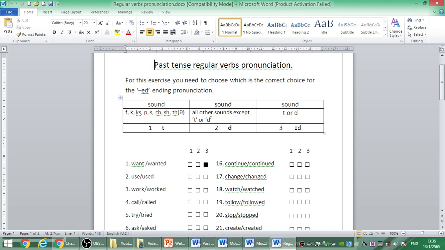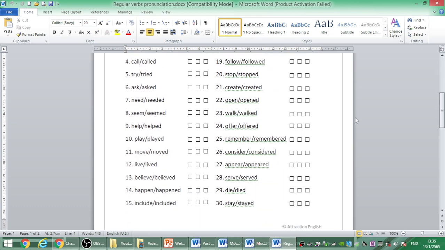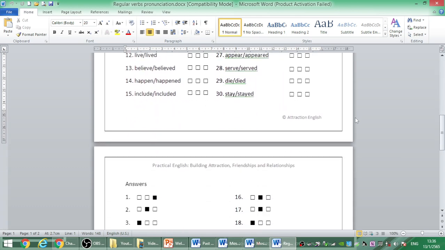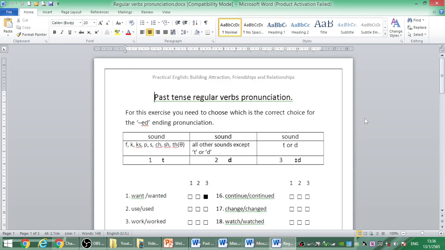Any other sound that's not this or this is going to be D. So if we look at the first example, want, what's the pronunciation of the ED in the past tense? We can see the final sound of want is T, so that's going to be the ID sound. As you go down you will see there is an answer page below to check if you're correct.